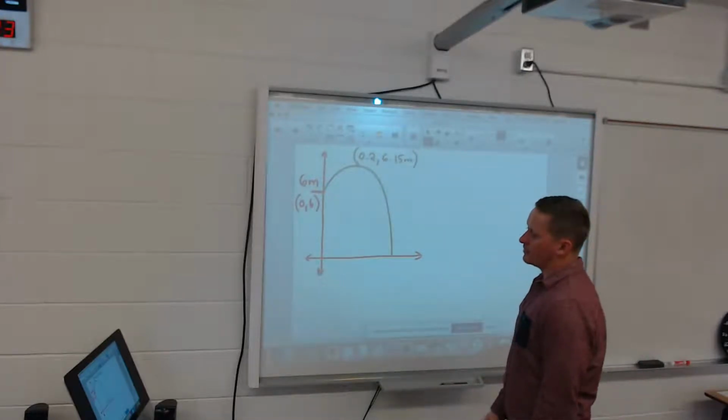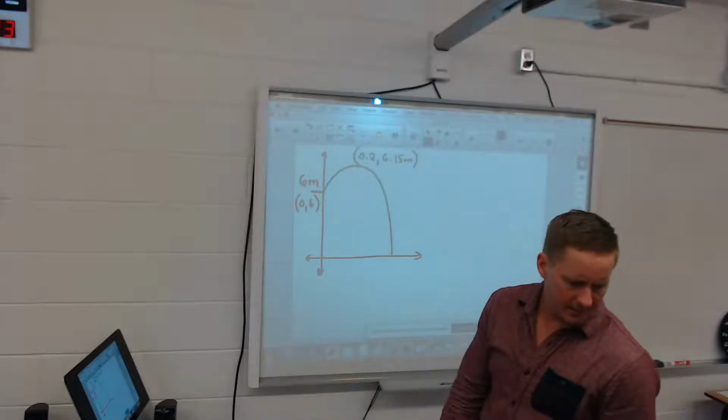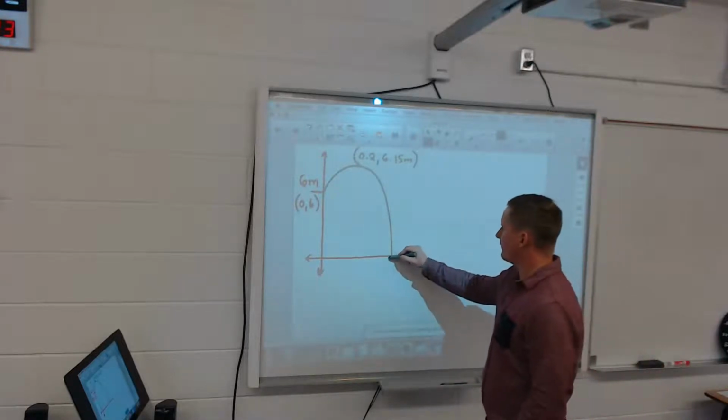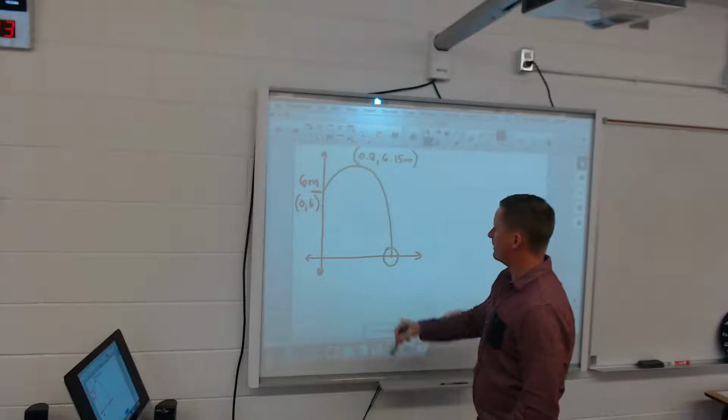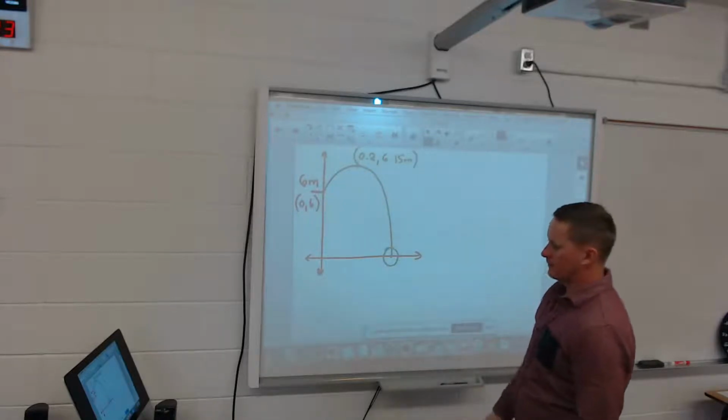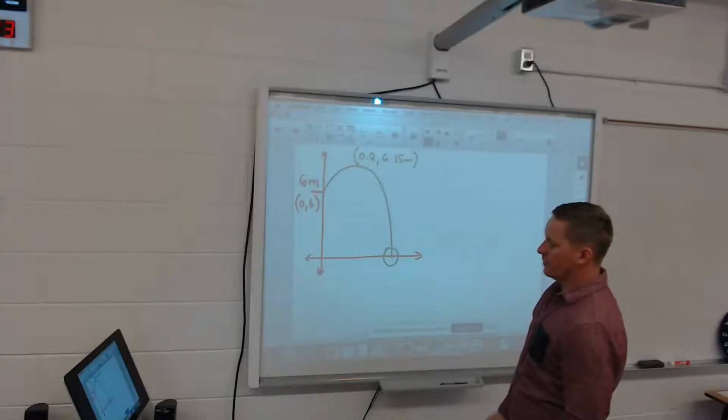So now I have a vertex. I have a y-intercept. How long does it take for her? I need to find this value down here. Okay? So the first thing that you want to do is find an equation for this.